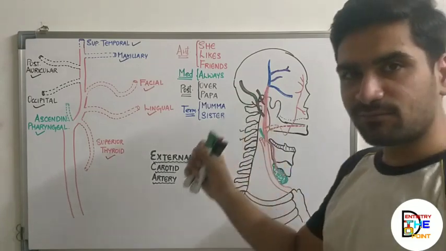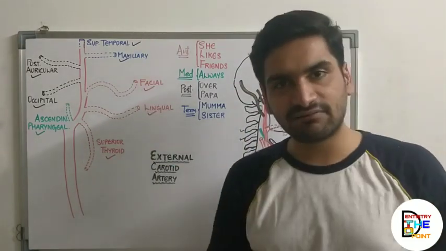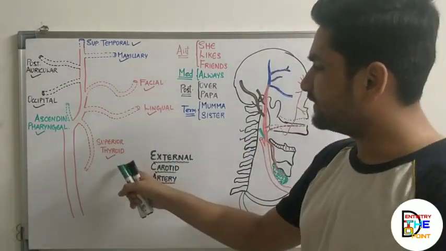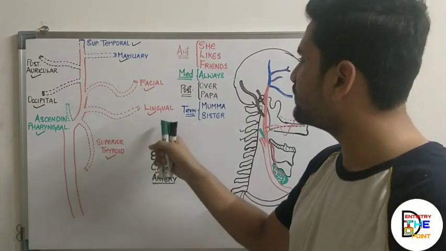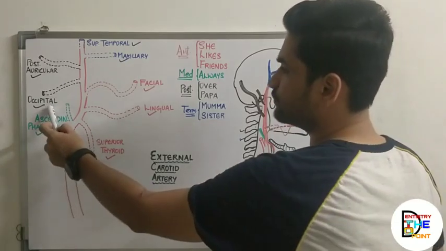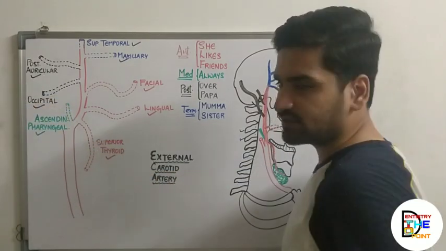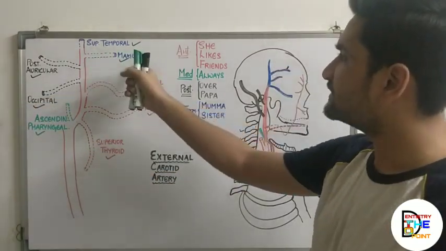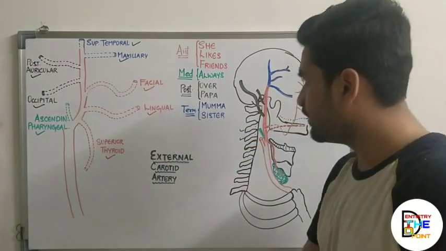So these are the 8 branches overall of the external carotid artery. We'll revise them once again. The anterior branches are superior thyroid, lingual and facial. Medial branch is ascending pharyngeal. Posterior branches are occipital and posterior auricular. And terminal branches are maxillary and superficial temporal.